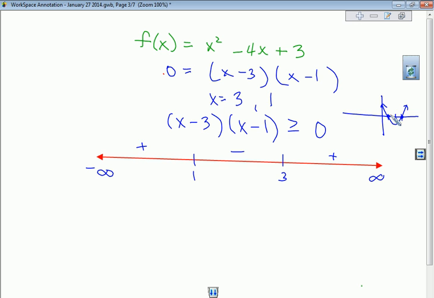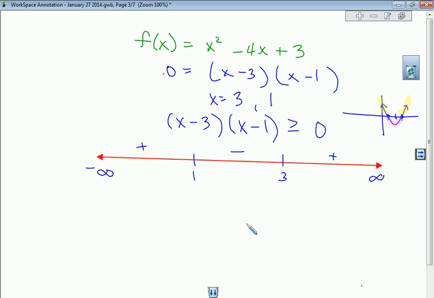And can you tell from the graph where the function is positive? Sure, it's positive here and here. Does that correlate to these positive intervals here and here? Yeah. Do we see where the function is negative? Sure, it's negative down here. Is that the same interval as this one? Yes. So do you see how the sign chart and the graph work together?